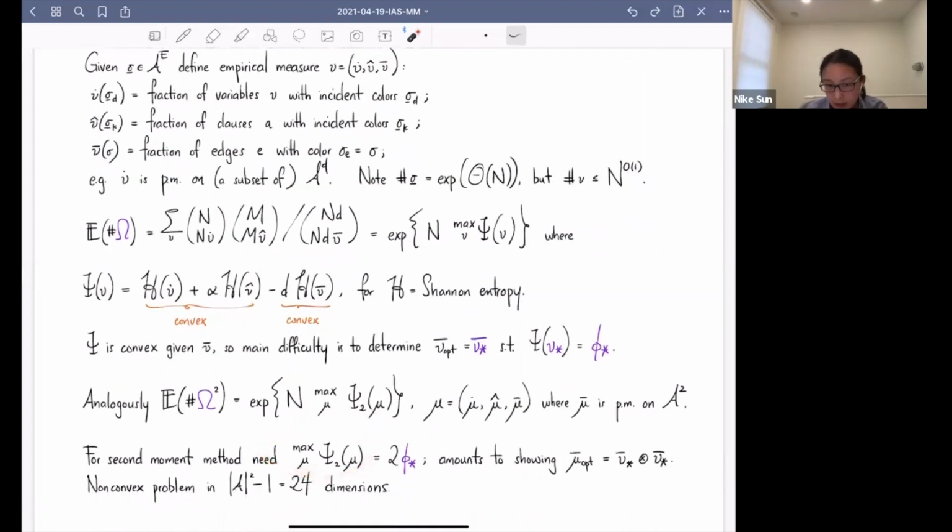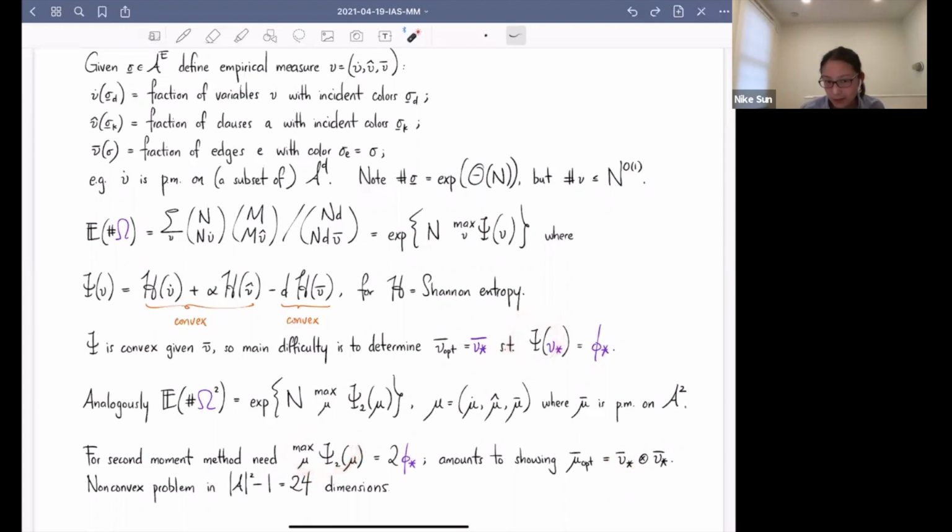And usually, in order for it to equal the first moment squared, you need to show that the optimal empirical measure is a product measure, and the marginal should be given by whatever was the optimal measure in the first moment. So the point is that when you do the moment method, it naturally leads to this optimization problem and this optimization problem.